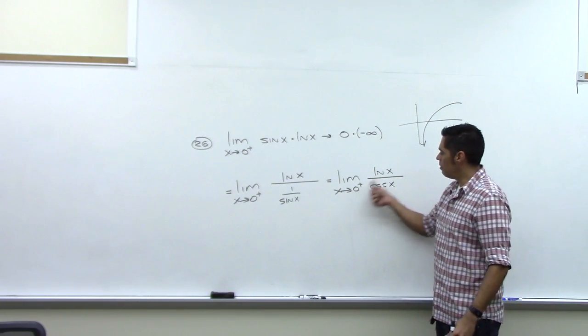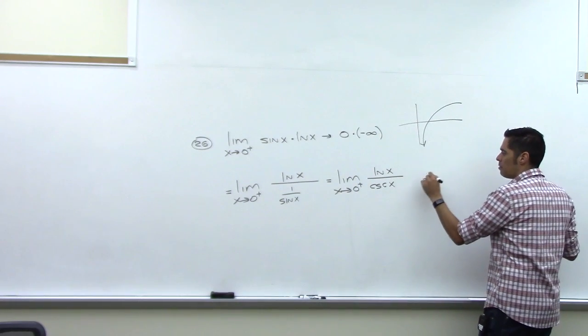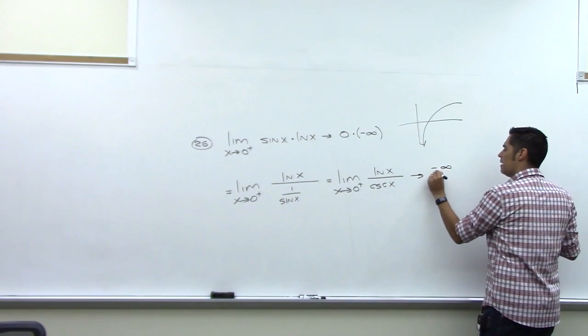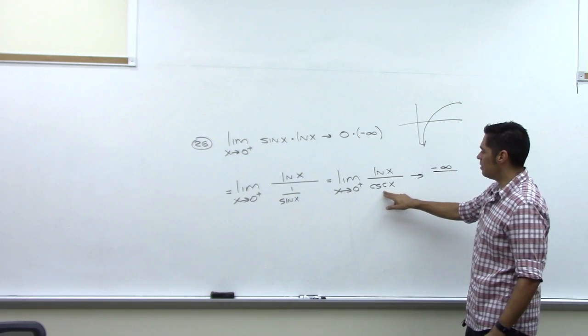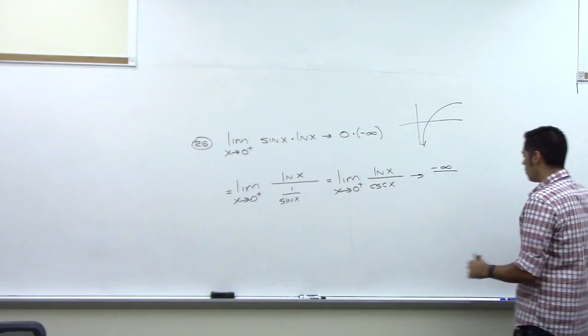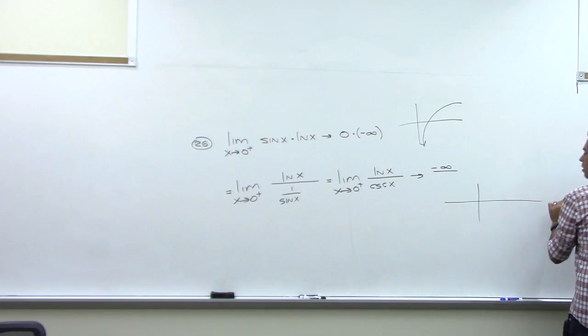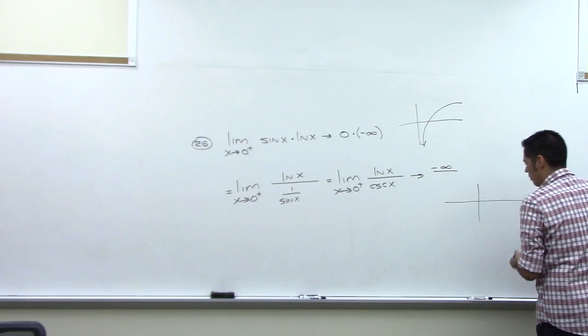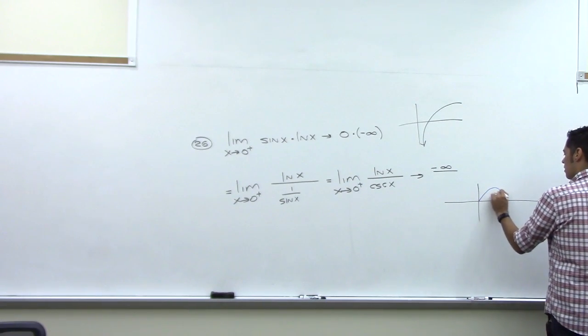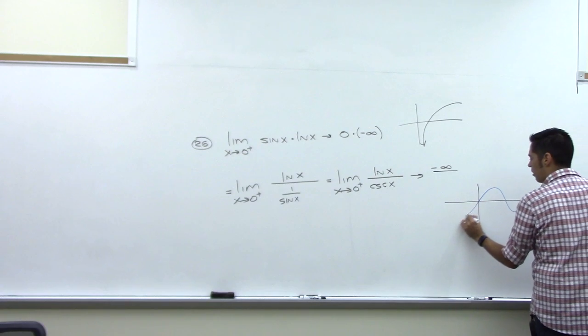As x goes to 0, natural log of 0, as we come in from the right, we know that's headed towards negative infinity, over cosecant of 0. You could look up your graph of cosecant, or you could just graph it real quick. Remember, cosecant is the reciprocal of sine. So here's the sine curve.